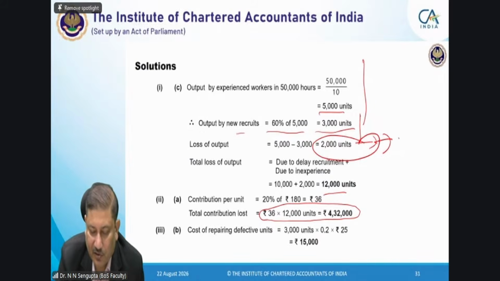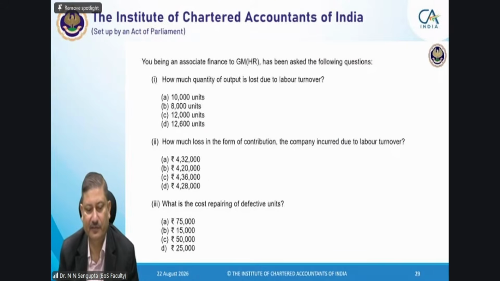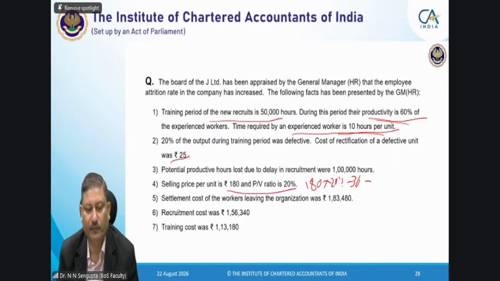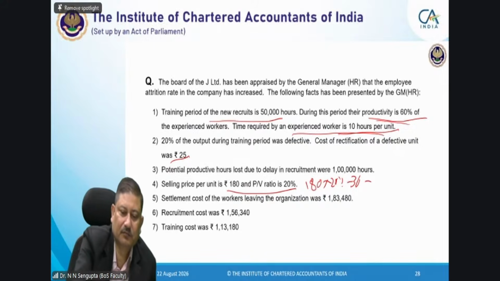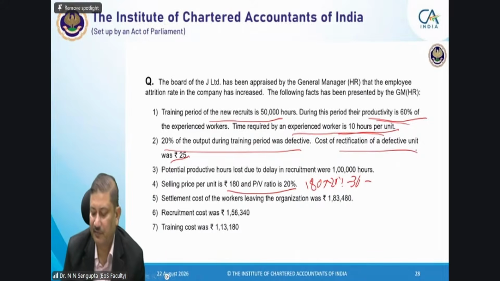Then cost of repairing defective units. Now let's see the defective units: 20%, and the cost of rectification is 25.